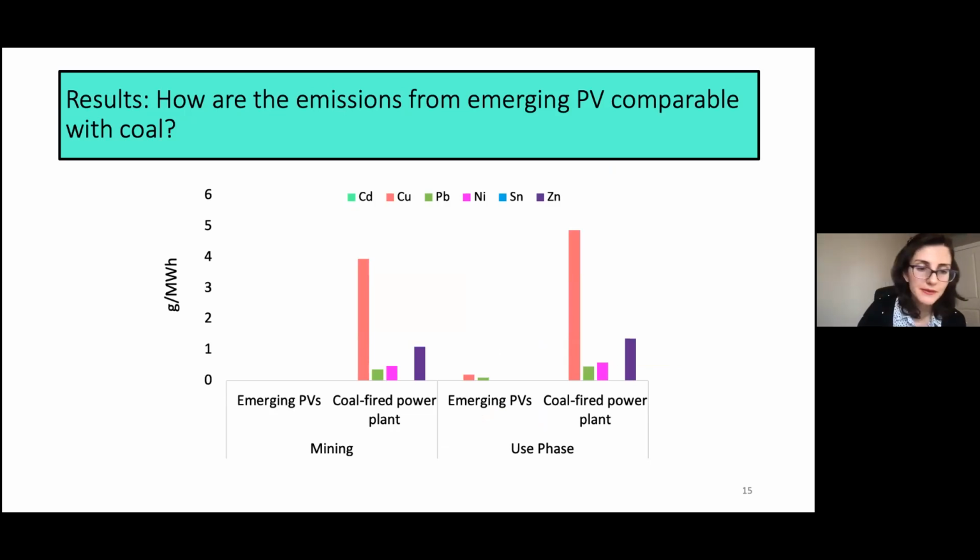When these perovskite PV technologies emerged, some of the coal guys come and say, hey, you guys have lead, we also have lead, and we are also toxic, but you are getting lots of funding. So what is that problem? So this is what we see in production of 1 megawatt hour of electricity from a coal-fired power plant versus emerging PV technologies.